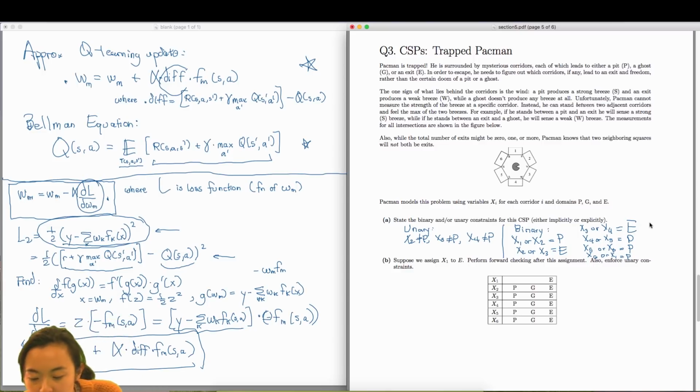Second set of binary constraints is what we're told in the problem statement, which is that no two exits can be adjacent to each other.